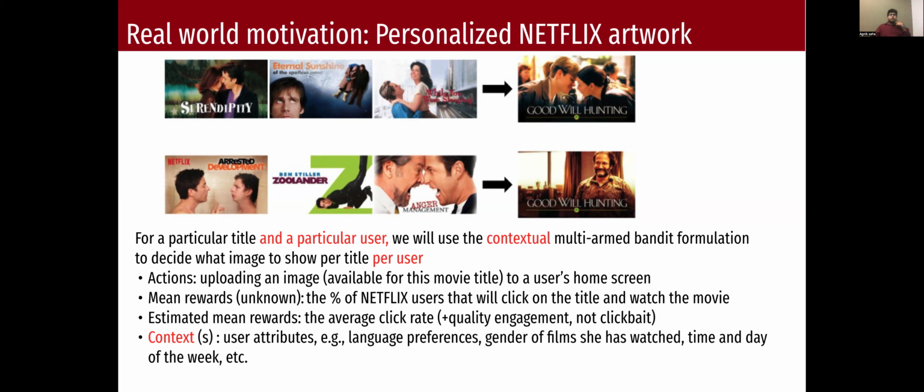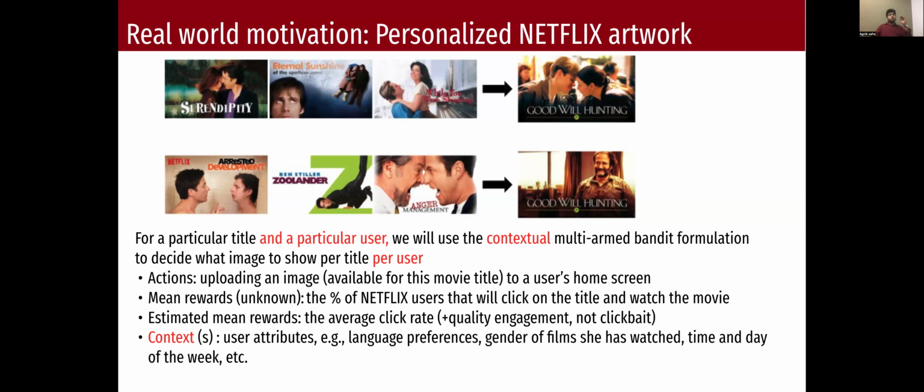Just think what the actions can be. The action is displaying one of the available images for the movie title. Then we have the mean rewards, estimated mean rewards like the observed average click rate.